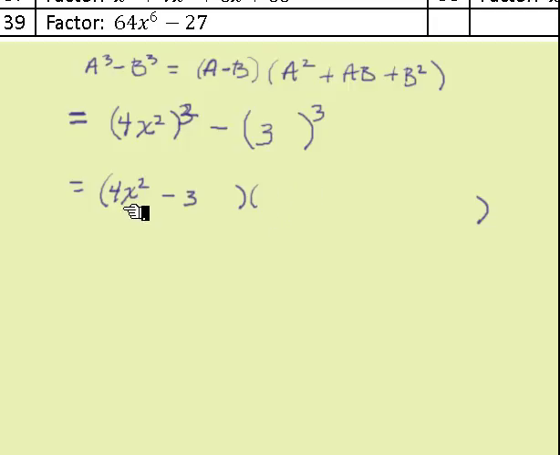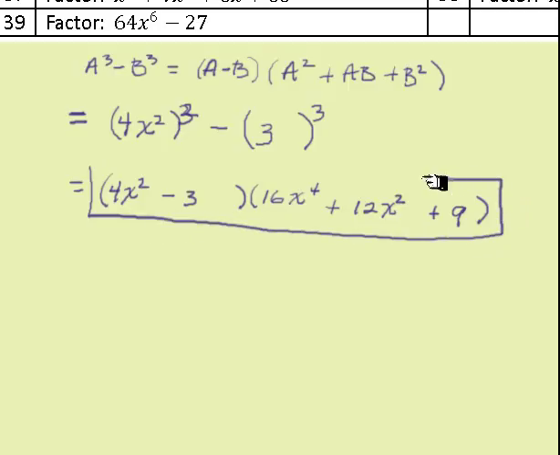So right here, we're just going to square this, and we get 16x to the 4th. In the middle, multiply these together, and we have 12x squared. And then square this, and we get a plus 9. So that's our factorization. Okay. So that's the factorization of 64x to the 6 minus 27.